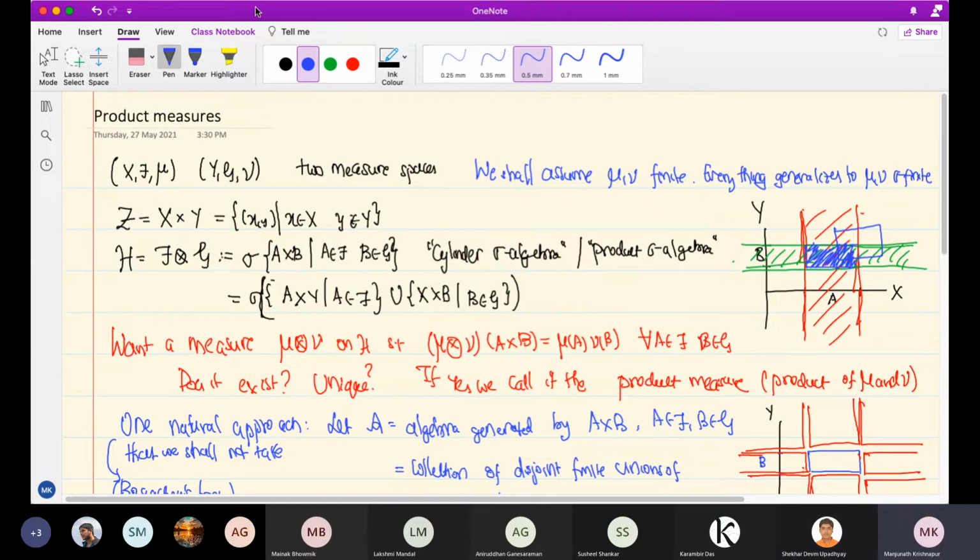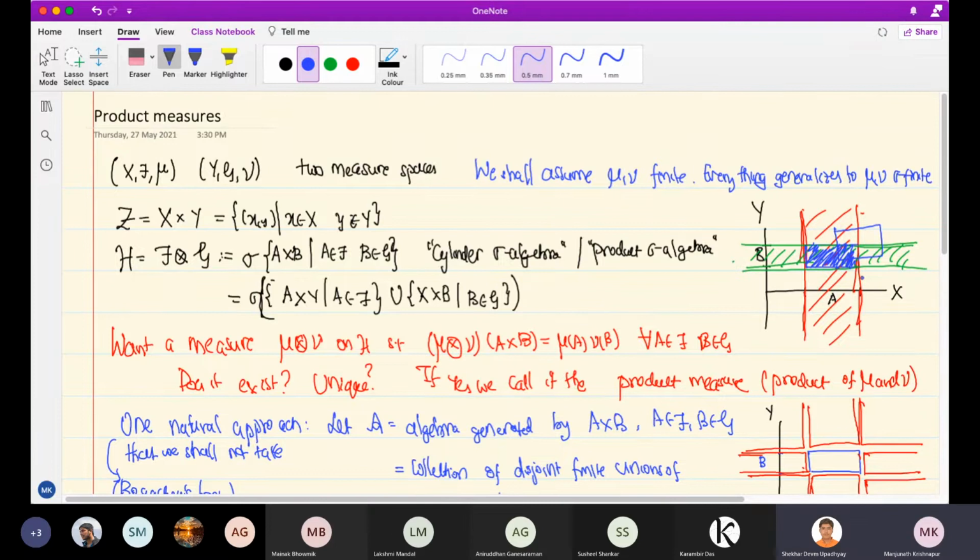So, for example, if X and Y were both R, and F and G were the Borel sigma algebra, then you would have very general sets like Q cross Q, which would be a rectangle. Q cross Cantor set would be a rectangle. You can take any two Borel sets and take their product.